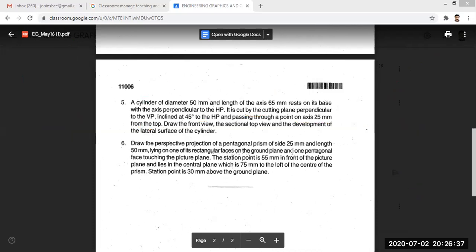Then the next question is, you have to create a pentagonal prism of side 25 and height 50. You have to create a 3D model of a pentagonal prism with side 25 mm and height 50 mm. That is the next question.